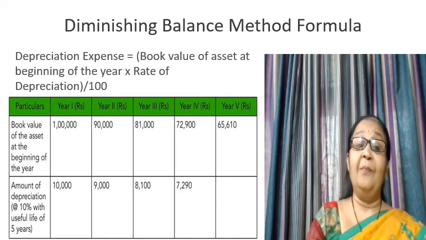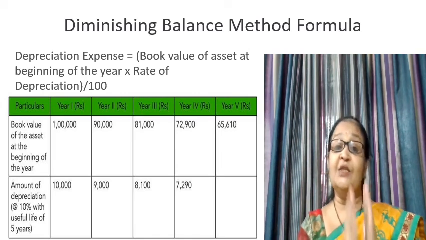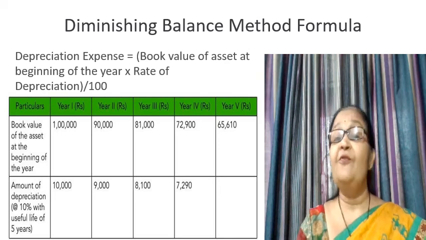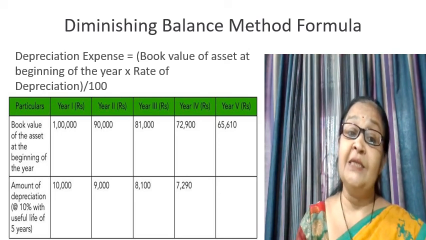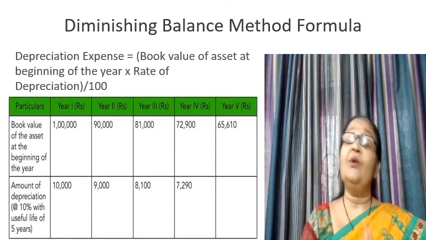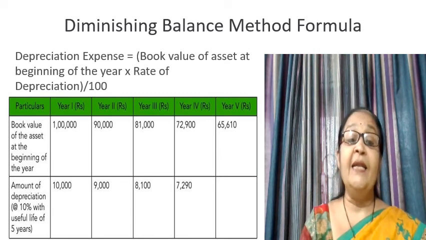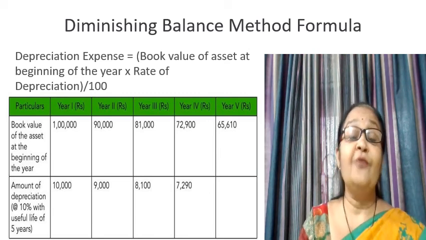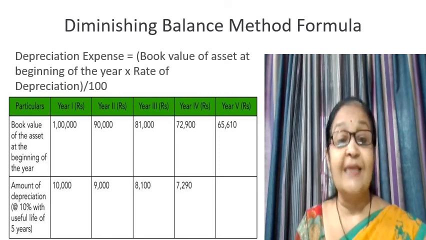Say, for example, if the value of the asset at the beginning of the year is rupees 1 lakh, in the first year, if you are providing for 10% depreciation, at the end of the first year, the amount of depreciation is 10,000. If we deduct 10,000 from 1 lakh, the remainder will be rupees 90,000 at the beginning of the second year.